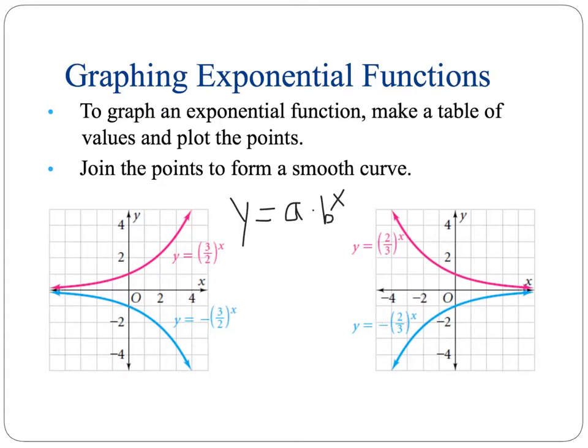One last thing I would like to point out is the y-intercepts, and let's just look at the two pink graphs for now. Notice that both of these go through the coordinate point (0, 1). That's because if we were to rewrite this pink equation as y equals a times b to the x, we really have y equals 1 times (3/2) raised to the power of x.